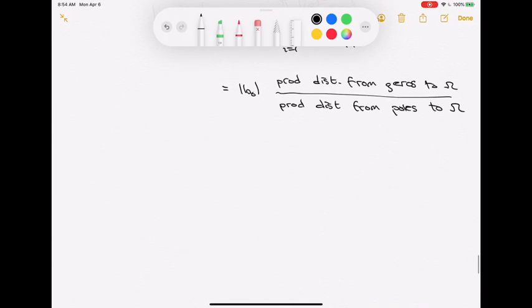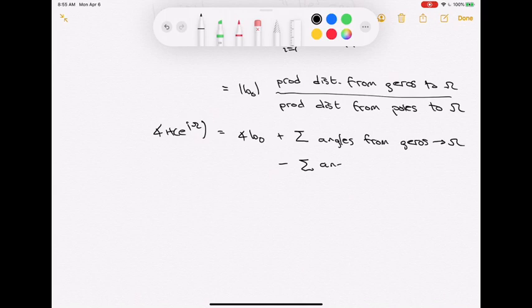Similar kind of way we can get the angle of H(e^jω). It has exactly the same English that we saw for continuous time. It's the angle of that front coefficient, and because angles are found, at least from our polar form expressions, up in the exponents, and when you multiply those exponents together the angles add, I'm going to have a plus the sum of all the angles from the zeros to the frequency of interest, and then I'm going to subtract from that a sum of all the angles from the poles to the frequency of interest.